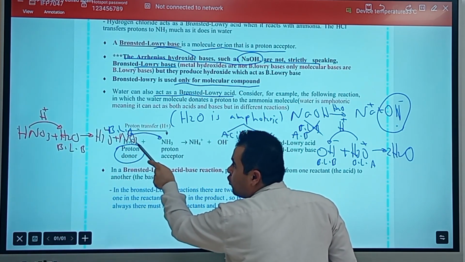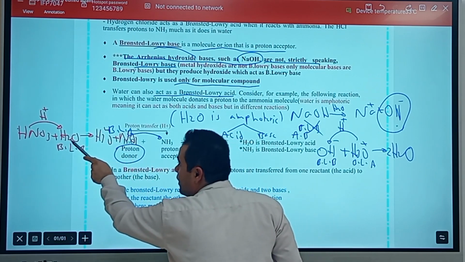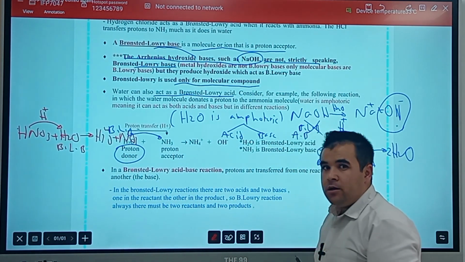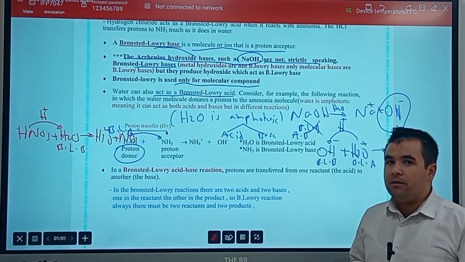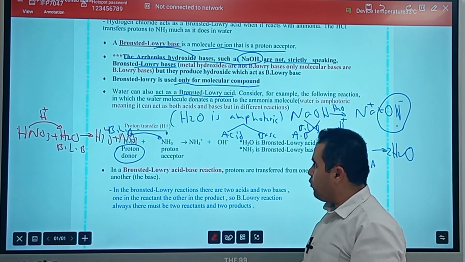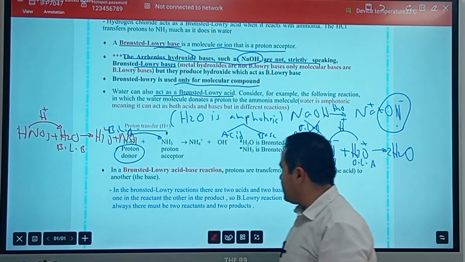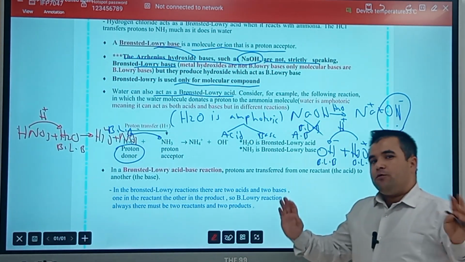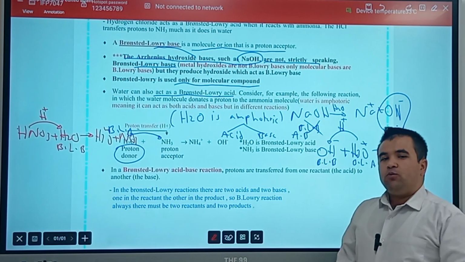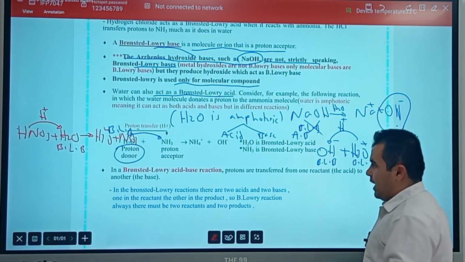So water, according to Bronsted-Lowry, is amphoteric, which can be both acid and base in different reactions. We have no reaction for the Arrhenius, but we have a reaction for the Bronsted-Lowry, guys.